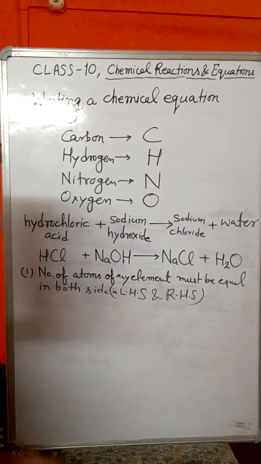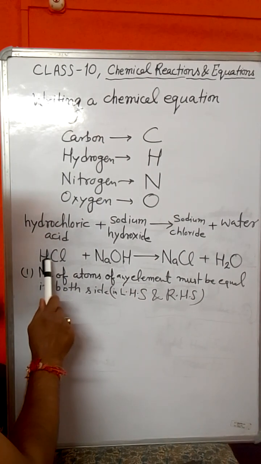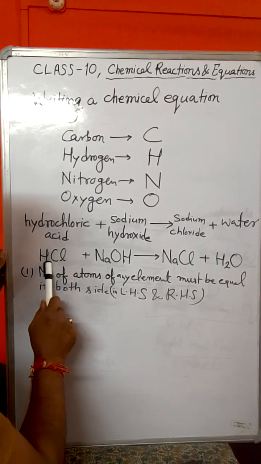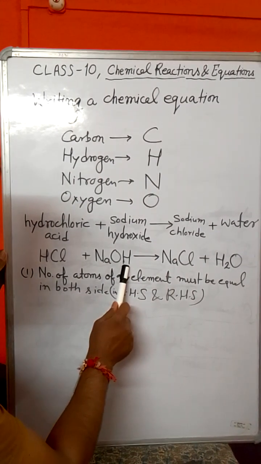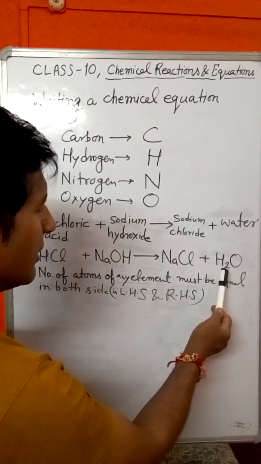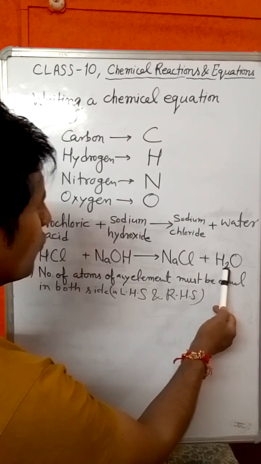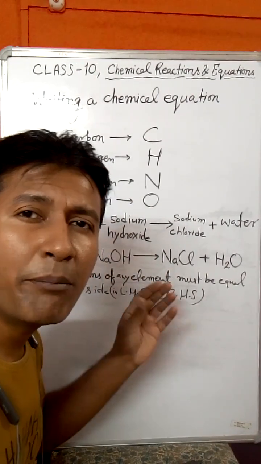For example, let's suppose in this chemical reaction, if we see hydrogen, how many hydrogens are there? 1, 2 in LHS. How many hydrogens are here in RHS? 2, right? Means hydrogen atom is balanced.